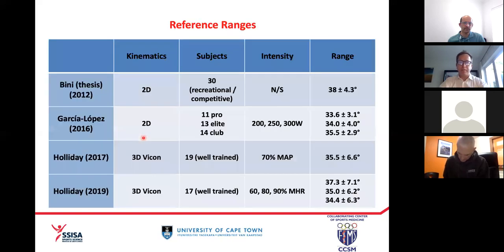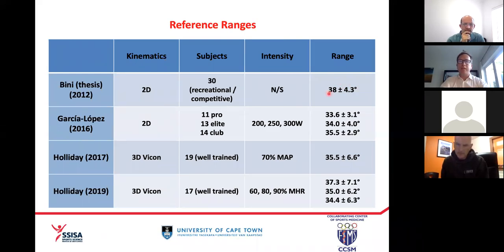So if we look at a summation of those different research studies, and we look at Rodrigo's thesis, which was 2D kinematics, we see that we have a range of knee flexion angle of approximately 38 degrees, plus or minus 4.3, and that's at a low intensity.